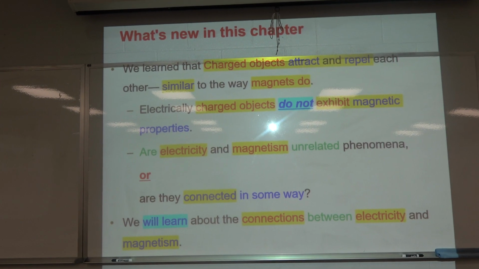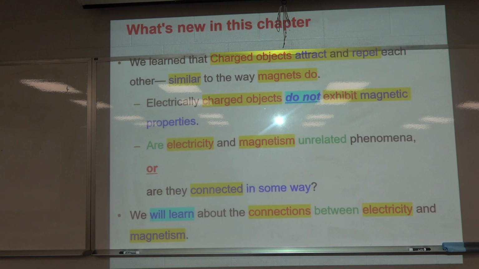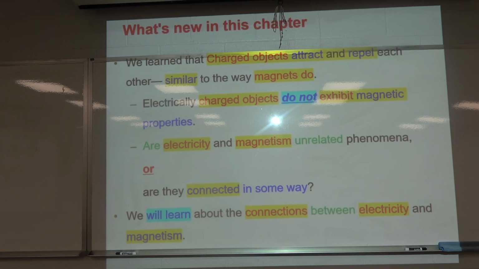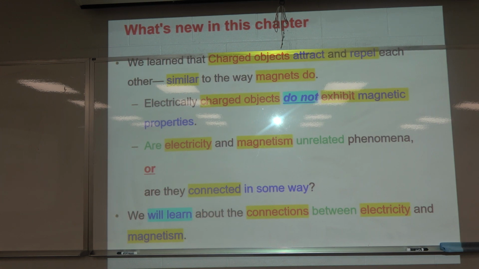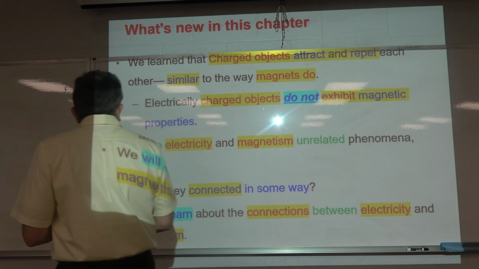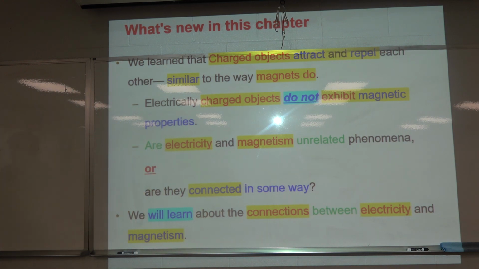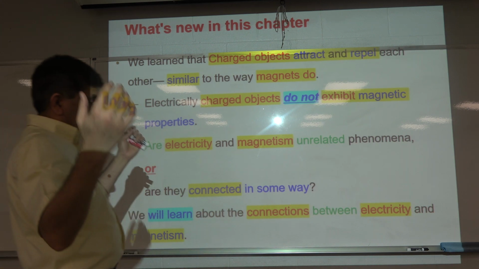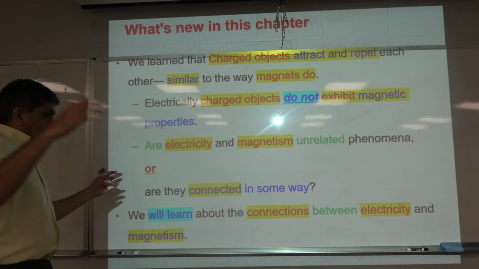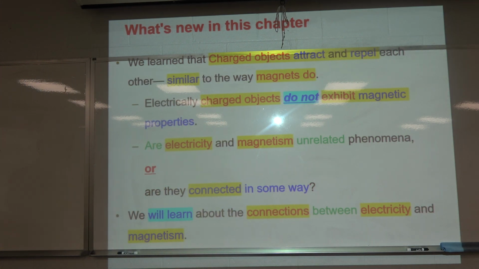So we will learn over here what will happen to the charges if we start moving the charge. Is there an electric field, a magnetic field? Which means we will try to learn whether electricity and magnetism are correlated with each other, or connected in some way, or totally unrelated phenomena, okay?